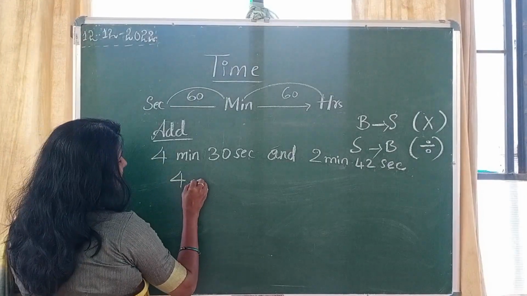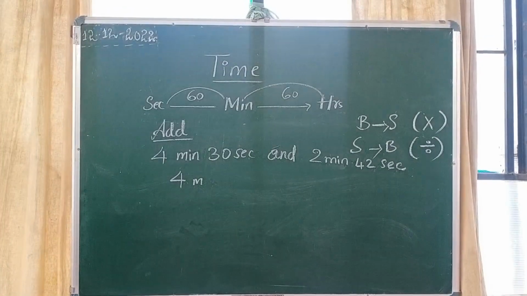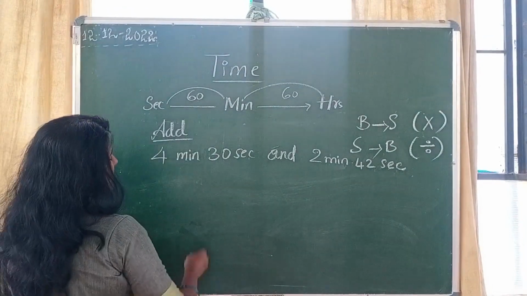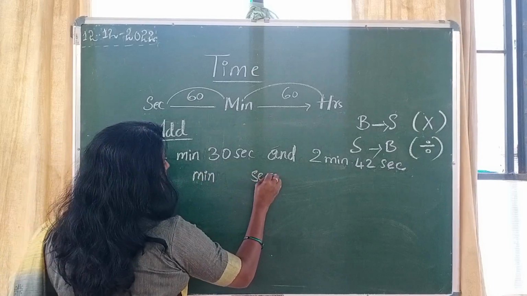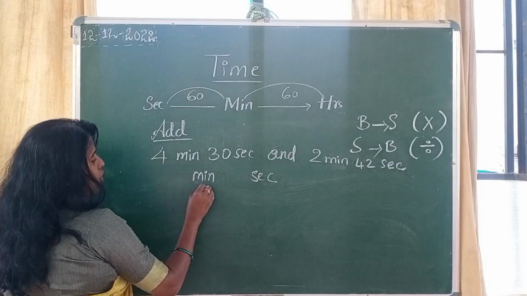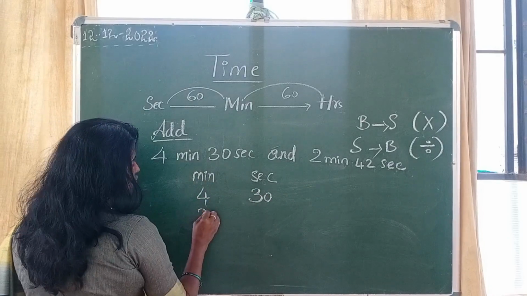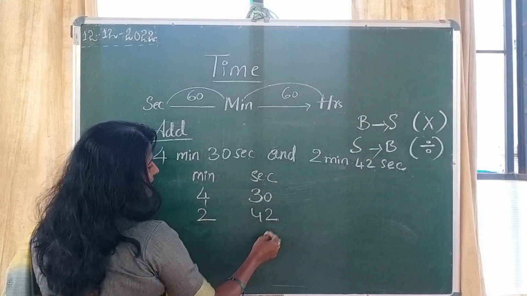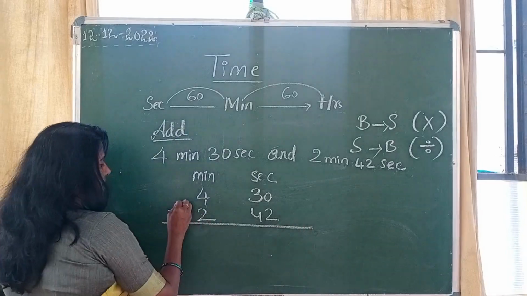So let us write only the numbers. Here I will take a minutes column and a seconds column. In the minutes column 4 minutes 30 seconds and 2 minutes 42 seconds. Like this I will arrange it. Now I have to add, is it not?